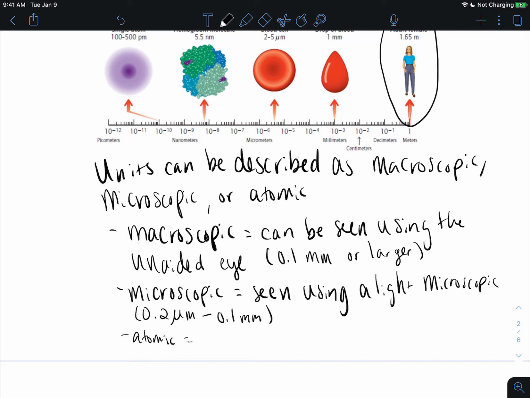So these cannot be seen using a light microscope. So too small for a light microscope. And these are going to be less than 0.2 micrometers in size. Okay, so these are going to include atoms, molecules, and other small particles.